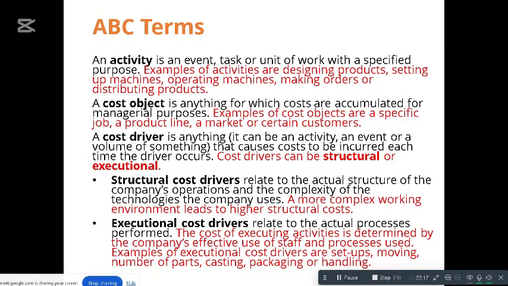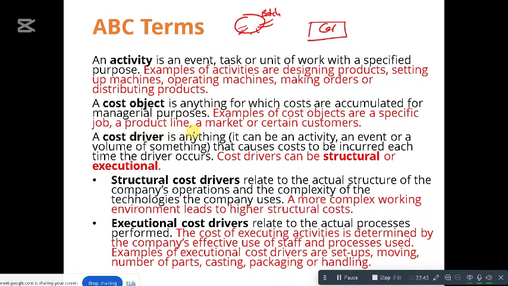For example, at Alnada, we can say one batch is a cost object. Why? We calculate the cost connected to that separately. A CMA batch is a cost object. A car, if Alnada has a car, that can be a cost object. Why? We find the cost of that car, maintenance cost, running cost, everything separately. That's the meaning of cost object. Anything for which costs are accumulated for management.